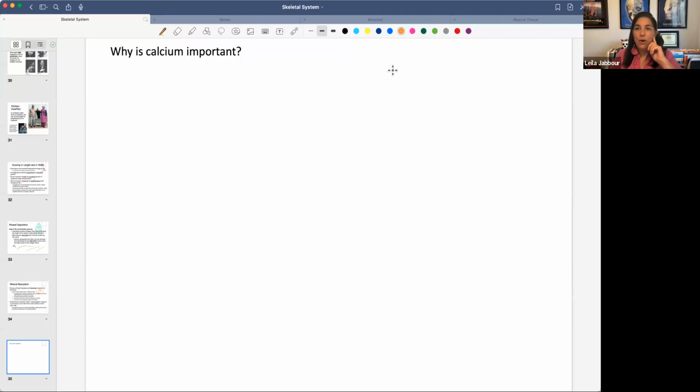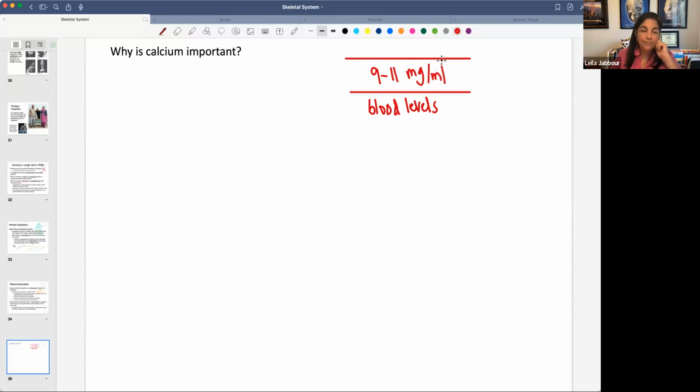So I'm going to draw here a blood vessel in red. Here we go. And blood levels are usually between 9 and 11 milligrams per ml of blood.